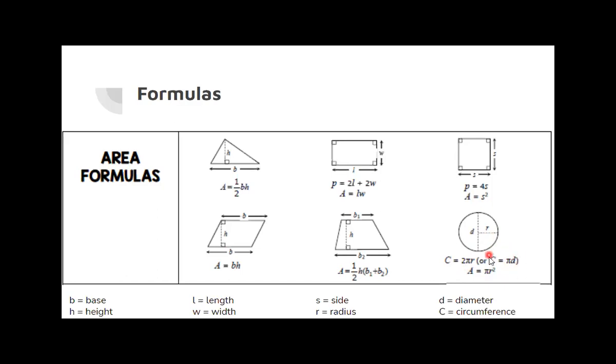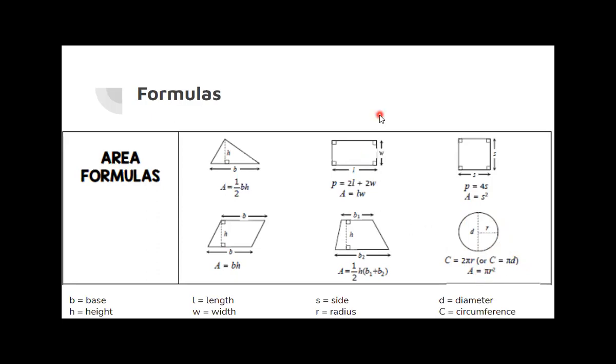That's why we can replace 2 pi r with pi times d, because we have 2 radii, and that is the same thing as 1 diameter. But the area for a circle is pi r squared.